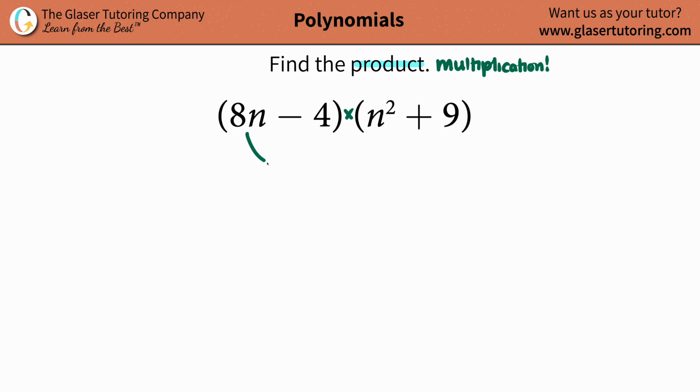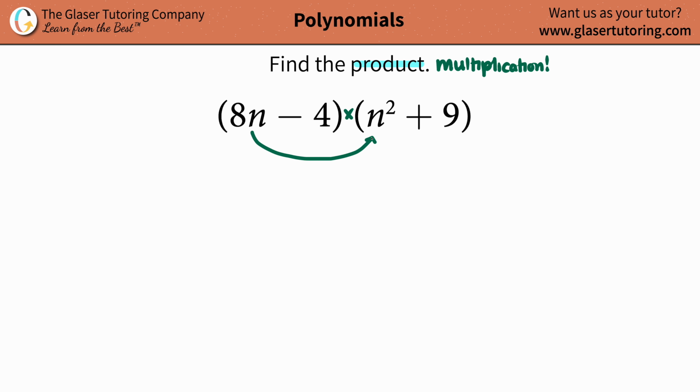But we're not going to multiply anything in the same parenthesis because it says right here that they're being subtracted, right? So we must go across the pond, across the parenthesis to the next parenthesis. And I see that there's two terms here. So 8n is going to multiply with the n squared.